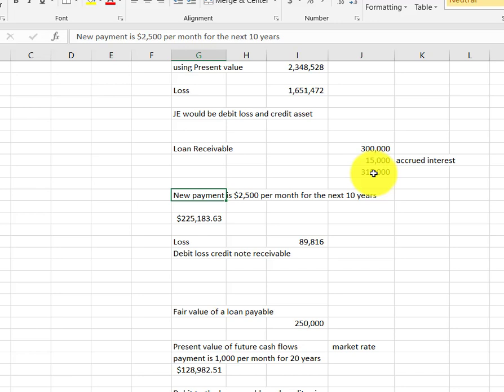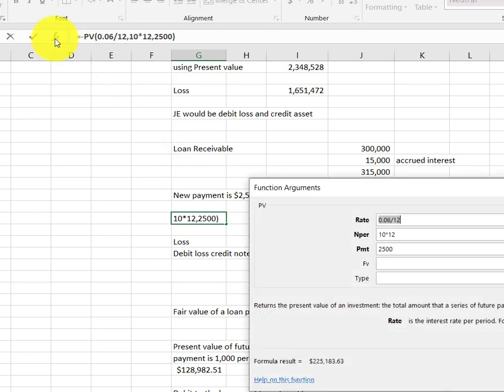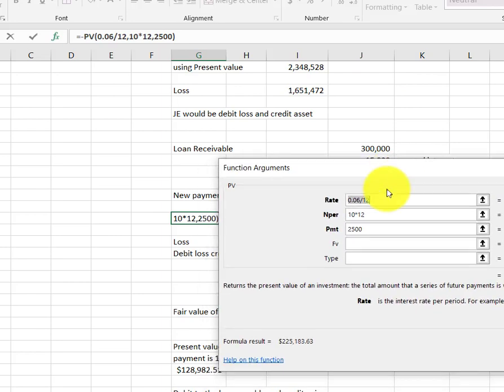So our new payment, when we negotiate this, is $2,500 a month for the next 10 years. We need to know what the present value of that $2,500 per month for the next 10 years is. And to do that, we use this formula, present value, using the original loan amount, which wasn't given, but we'll assume it was 6%.